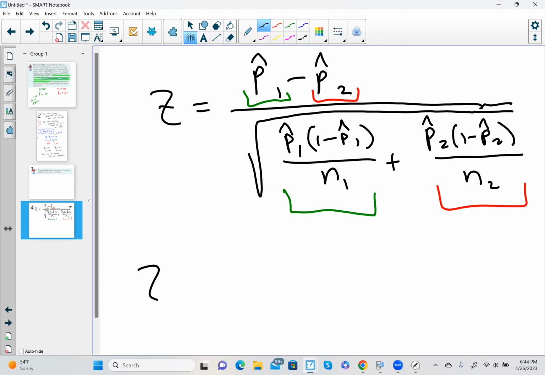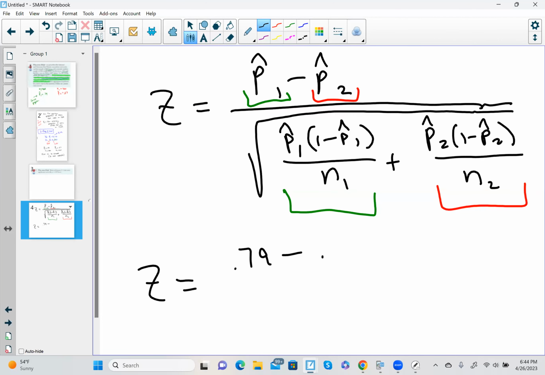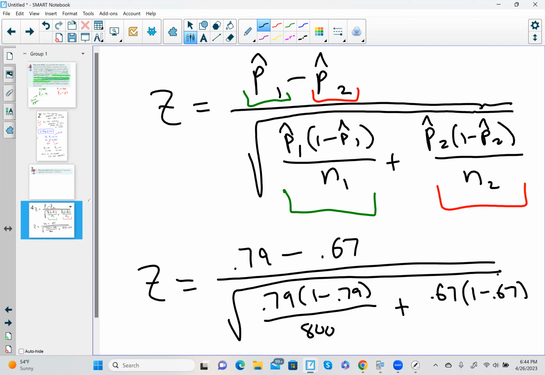Okay, so now I'm going to plug in all the information and we'll see what we got. Ready? So z equals p hat 1, which was 0.79, minus 0.67. And then on the bottom, we're going to have the square root of 0.79 times 1 minus 0.79 over 800 plus 0.67 times 1 minus 0.67 over 400.